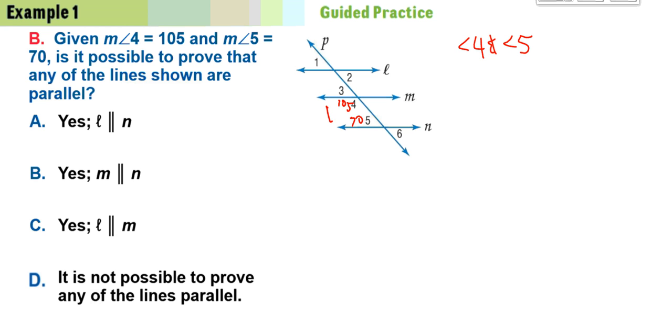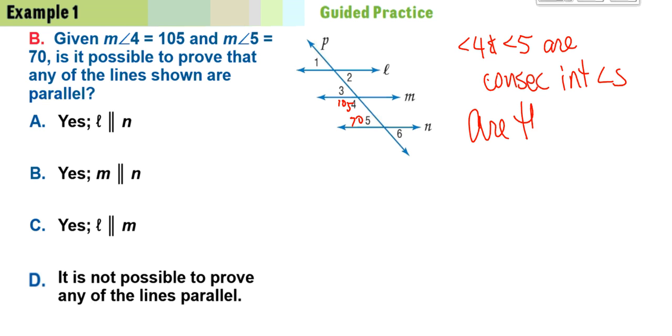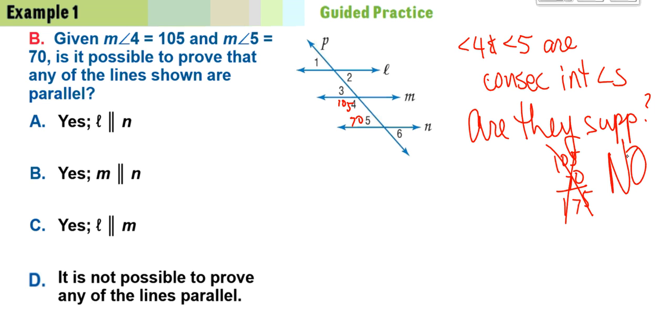They're in the tunnel, so they're interior, and they're on the same side of the transversal. So they are consecutive interior angles, and they would have to be supplementary. Are they supplementary? Well, if I add 105 and 70, I get 175. So no. Are there any lines that are parallel? No, there are no lines that are parallel in that one.